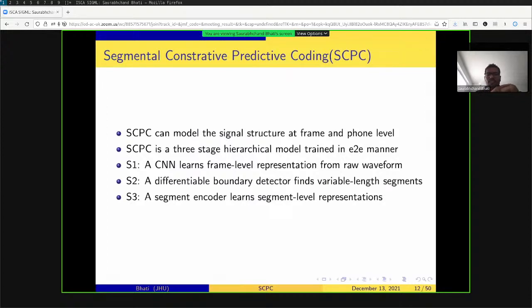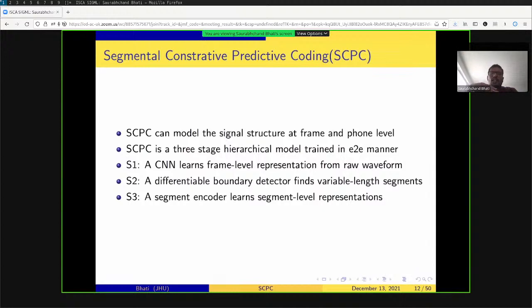And SCPC is a 3-stage hierarchical model, which is trained in an end-to-end manner. So we are trying to use the feedback from all 3 stages to train all of them. The stage 1 of SCPC is a CNN, which learns the frame level representations from raw waveform. It essentially downsamples speech by a factor of 160 to arrive at an MFCC-like representation.